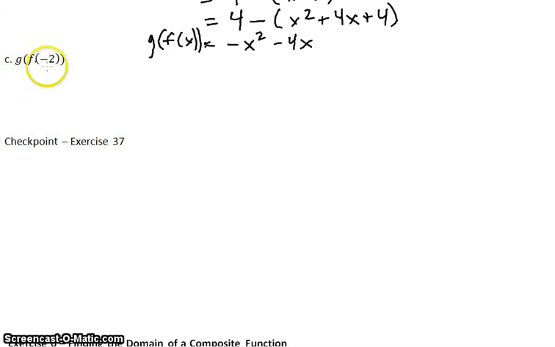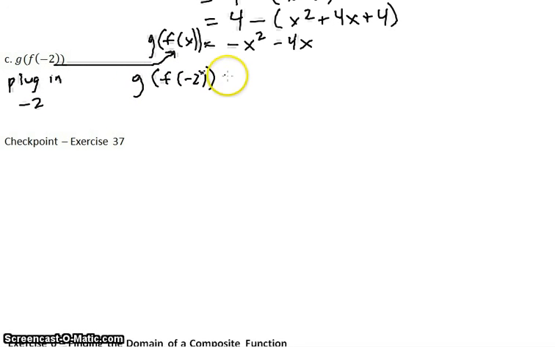Now it's asking us in part C to replace x with a number. So we have this function defined. Now we're going to just plug in, like we've done before, a negative 2. So wherever I see x in this function that I've defined, I'm going to replace it with a negative 2.